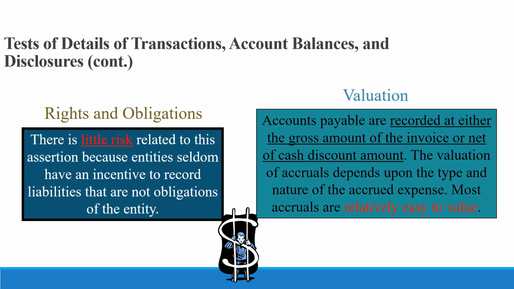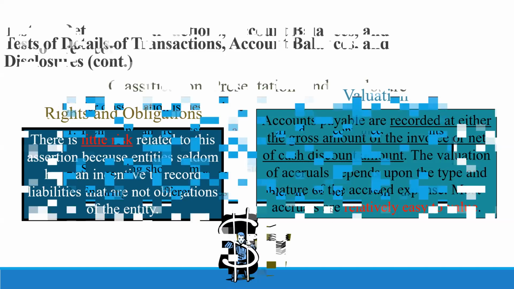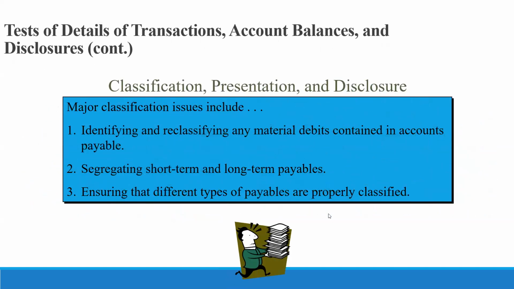So this risk is also relatively easy, not a very big concern for us. But classification is important. And in terms of presentation and disclosure, you need to make sure the disclosure is in compliance with the accounting standards, including the balance sheet items and also the notes items. Okay.